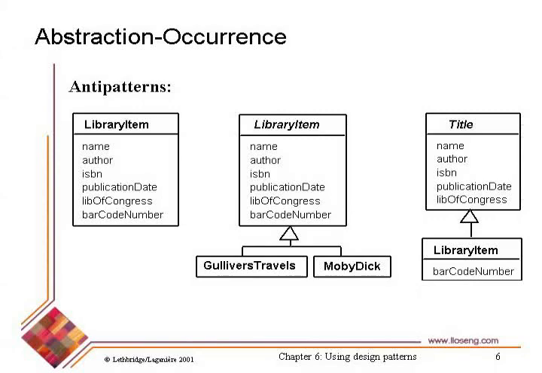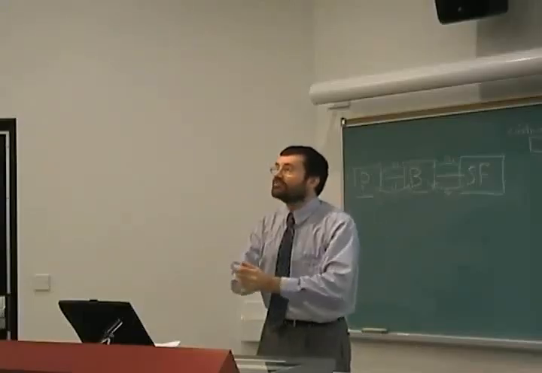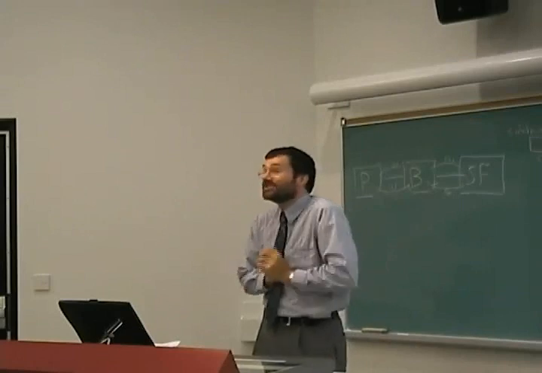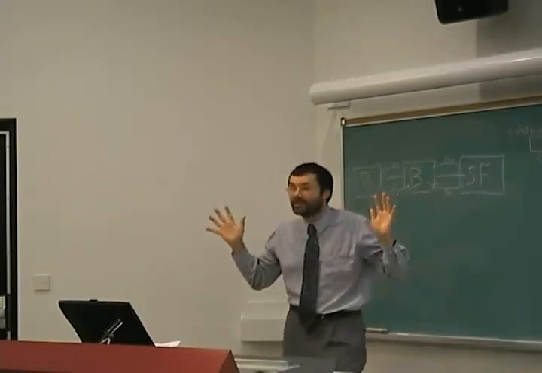Same data. I just split it into 2 classes, but fundamentally library item is a title. Every instance of library item is an instance of title. So every instance of this bottom class is going to have all of the stuff in it. So making these occurrences subclasses is wrong because I'm not getting rid of my duplication. The duplication is going to be there just the same.